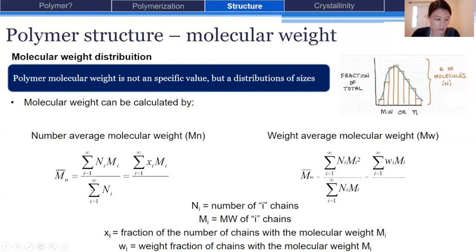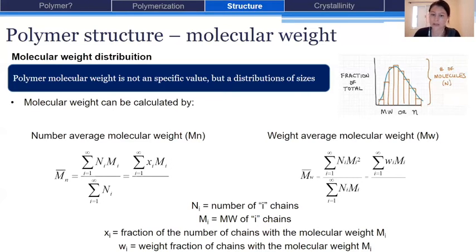It is equal to the sum of the number of chains, Ni, that possess the molecular weight, Mi, divided by the total number of chains that you have in your sample. I can also say that this value is equal to the sum of the fraction of the number of chains that possess the molecular weight Mi times the molecular weight Mi.